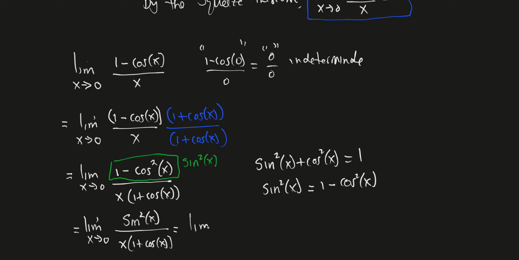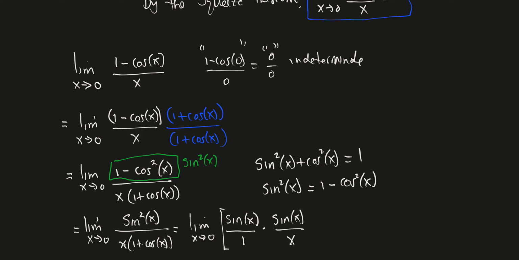However, if you look at it from a slightly different perspective, what I'm going to do is write the sine squared x as sine x times sine x. And I'm going to put the first factor over 1. The second factor, I'm going to have the sine of x over x, right?